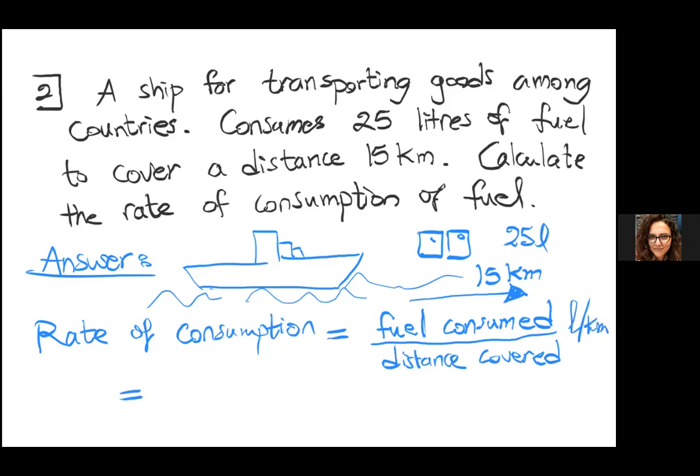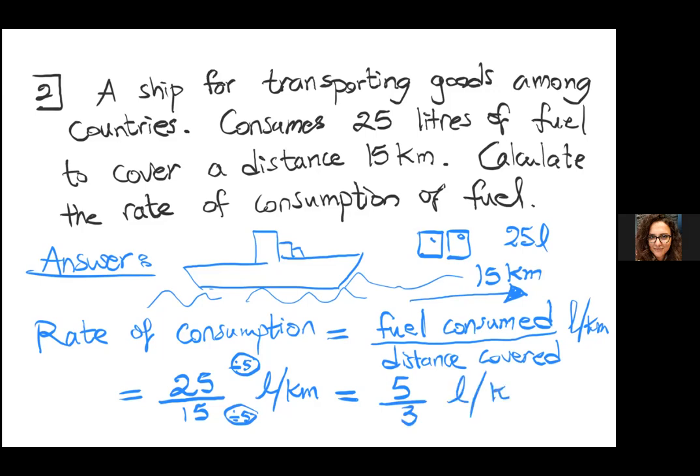Now, let's take away the words and put instead the numbers. It's going to be 25 liters divided by 15, again liters per kilometer. Let's simplify. If we divide by 5 up and down, what do we get? We get 5 in the numerator and 3 in the denominator. Again, don't forget the unit of measurement. It is liters per kilometer.